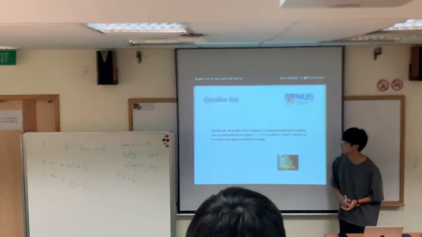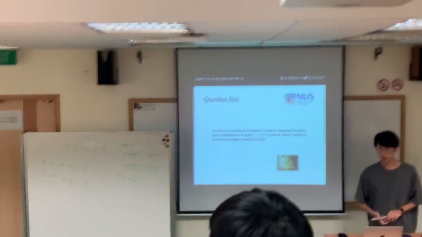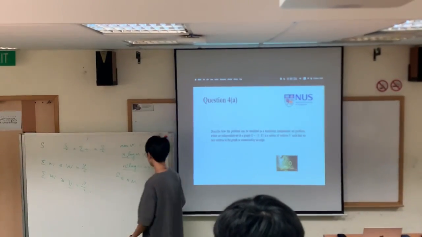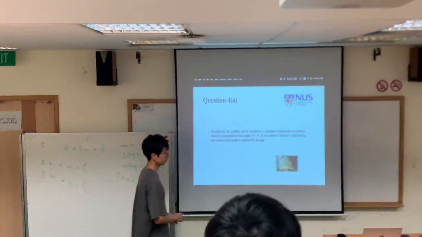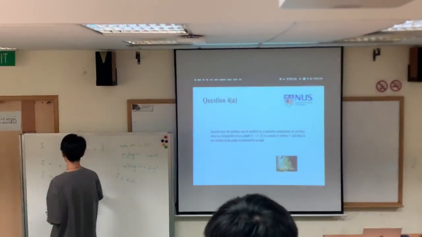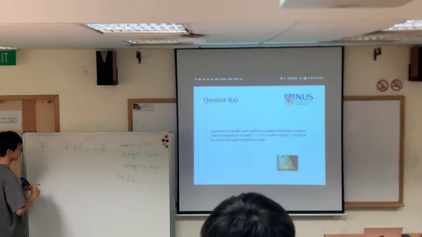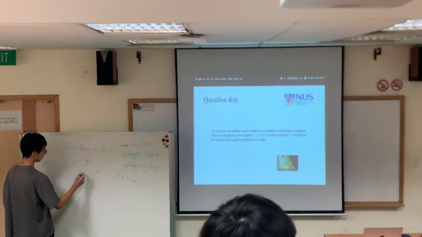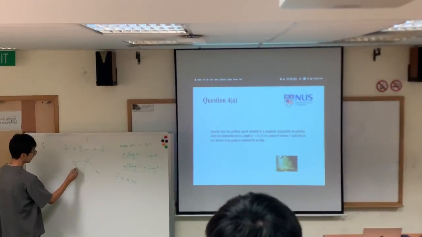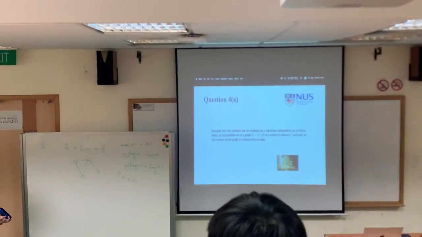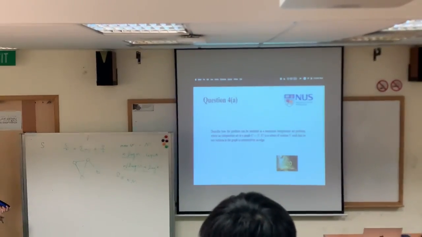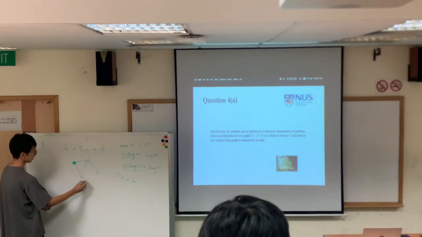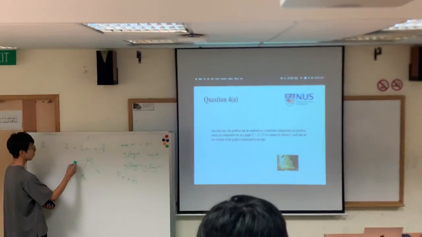The independent set problem says that we have a graph, and we cannot select nodes that are connected by an edge. So let's say if we select this node, then we cannot select this or this because they are connected to this directly by an edge.